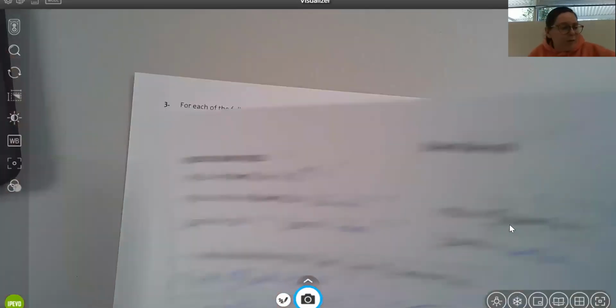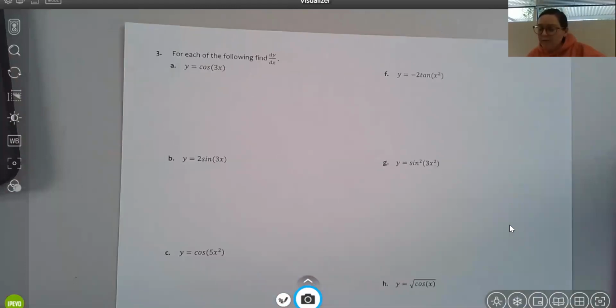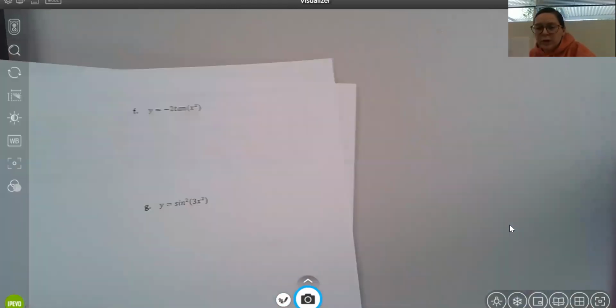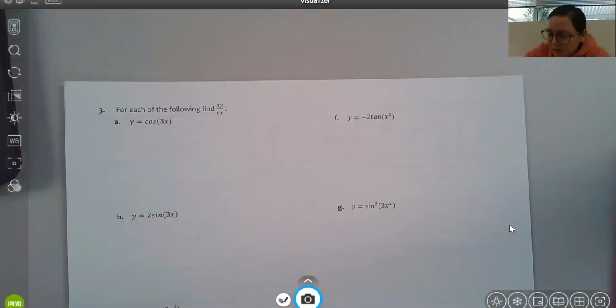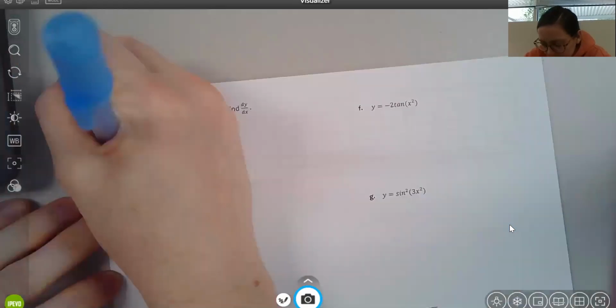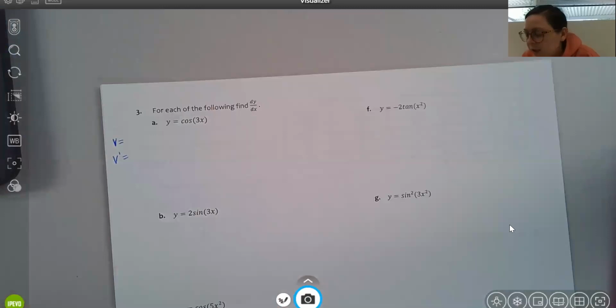Okay, number 3, we are practicing our chain rule using trig functions. So it's super important you identify what is my outside, what is my inside function here. So if you still like to be writing the inside as v and then finding derivative of the inside, v prime, totally fine.